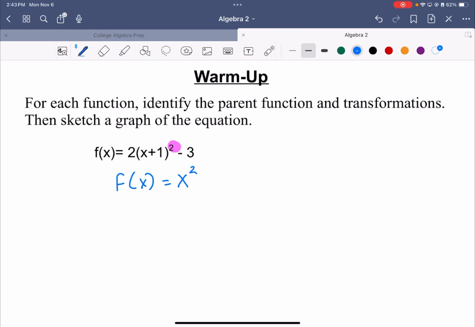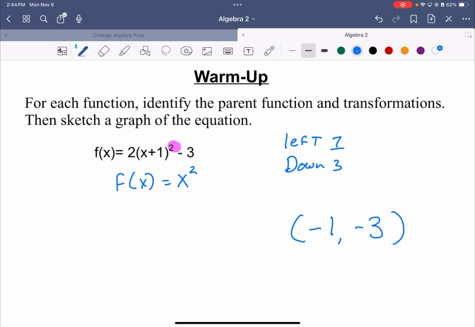That's the parent function itself. The transformation, we talked about left, right, up, down. This is going left 1, which if we're thinking about it on the coordinate plane, left 1 means negative 1. And is it going up or down? Down. So it's going down 3, which on the coordinate plane, down means negative.